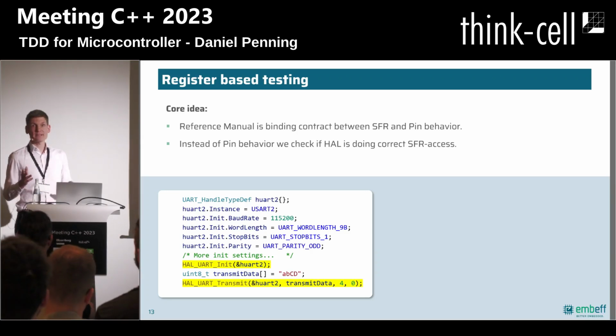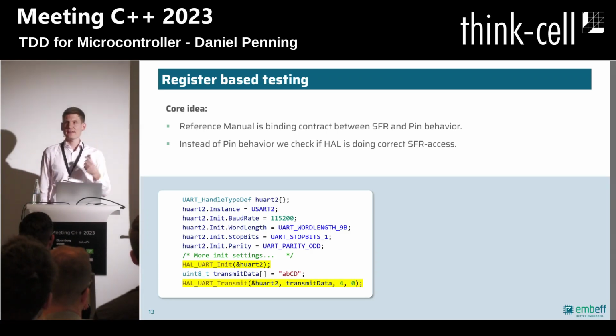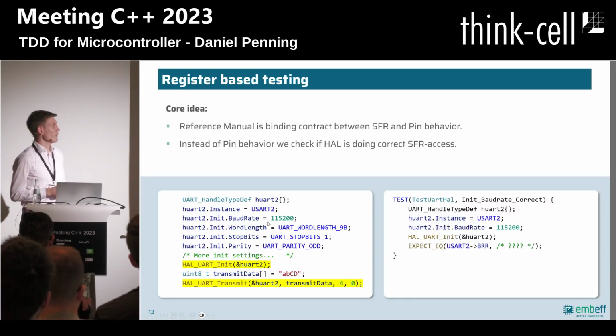Yeah, so what does it mean here? Let's say you are initializing the UART here. And inside this function, there will be a part of the code that's setting the baud rate, the speed at which signals should be transmitted. So it should be 115.2 kilobit. That's our goal. So let's write a test for this using register-based testing.